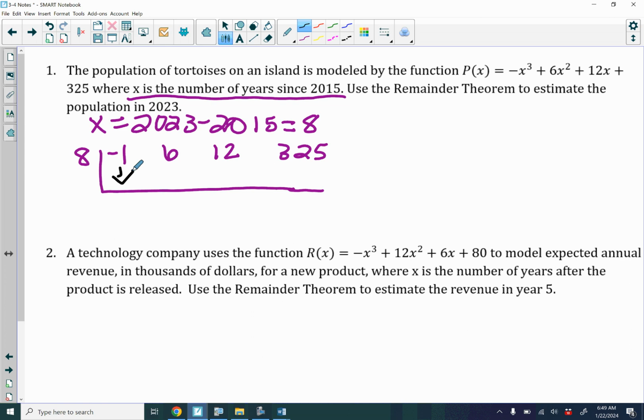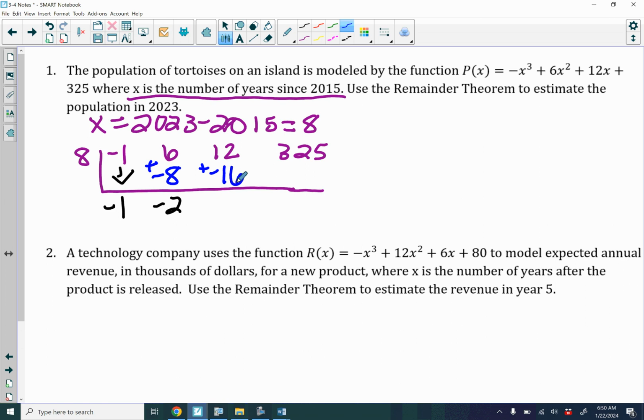Now, I take my negative 1 below. That first term, you always take it below. And now every number below this box, we're going to multiply by 8. So I do 8 times negative 1, and then vertical addition. So that's plus a negative 8. Now I do 6 plus a negative 8. That gives me negative 2. 8 times negative 2 is negative 16.